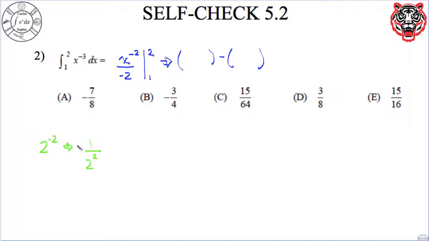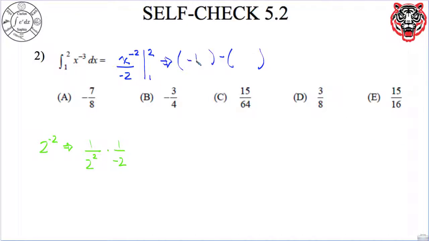Remember, negatives just flip it, from the numerator to the denominator, or from the denominator to the numerator. It just goes back and forth with negative powers, and that's 1/4. So right now I have 1/4 divided by -2, which means I'm doing this times 1 over -2, and that's going to be -1/8.